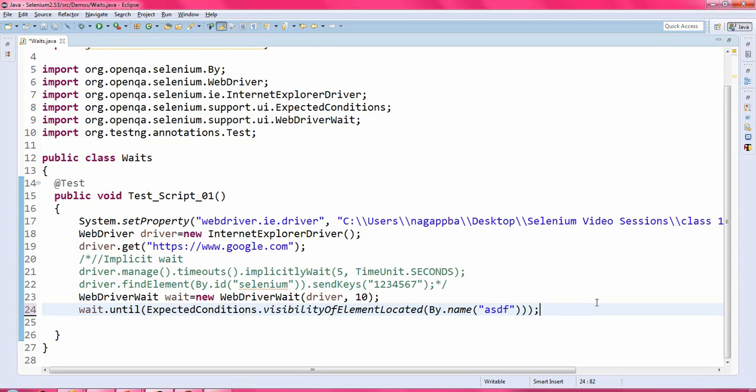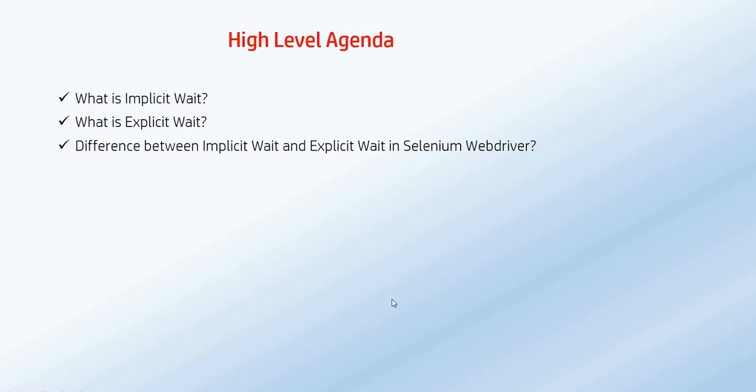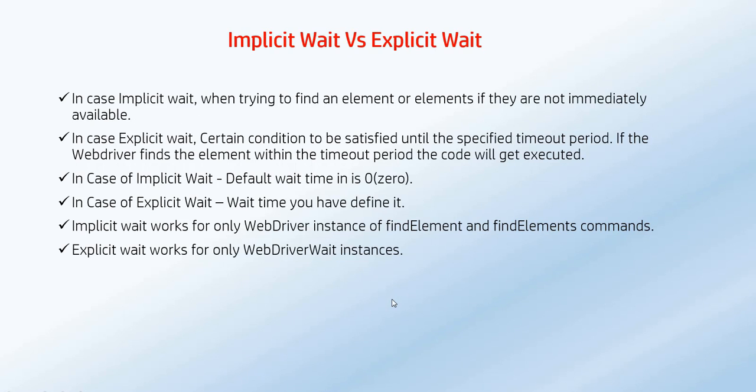And finally we will discuss the difference between the implicit wait and the explicit wait in Selenium WebDriver. Let us jump to the differences, what exactly the differences are between the implicit wait and the explicit wait.